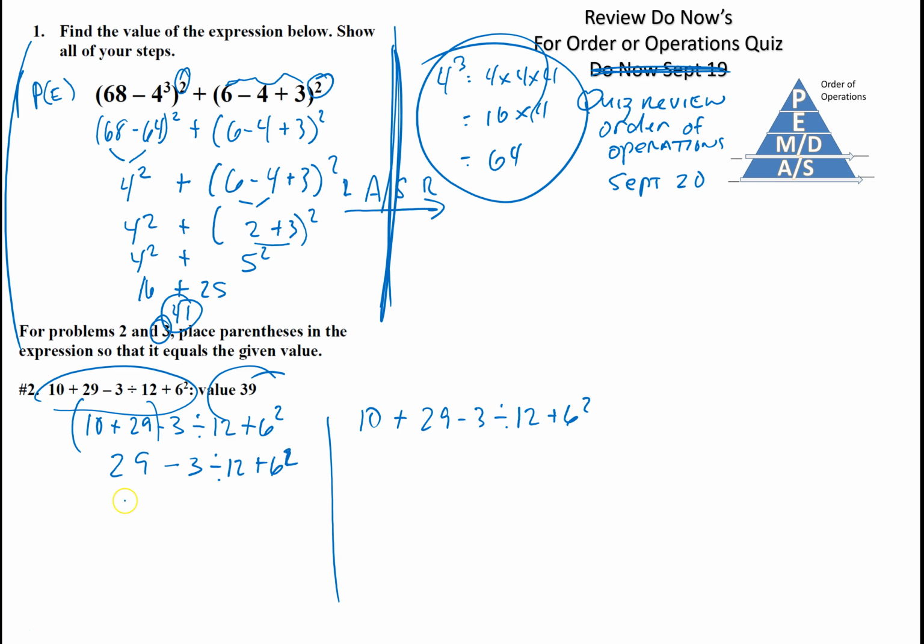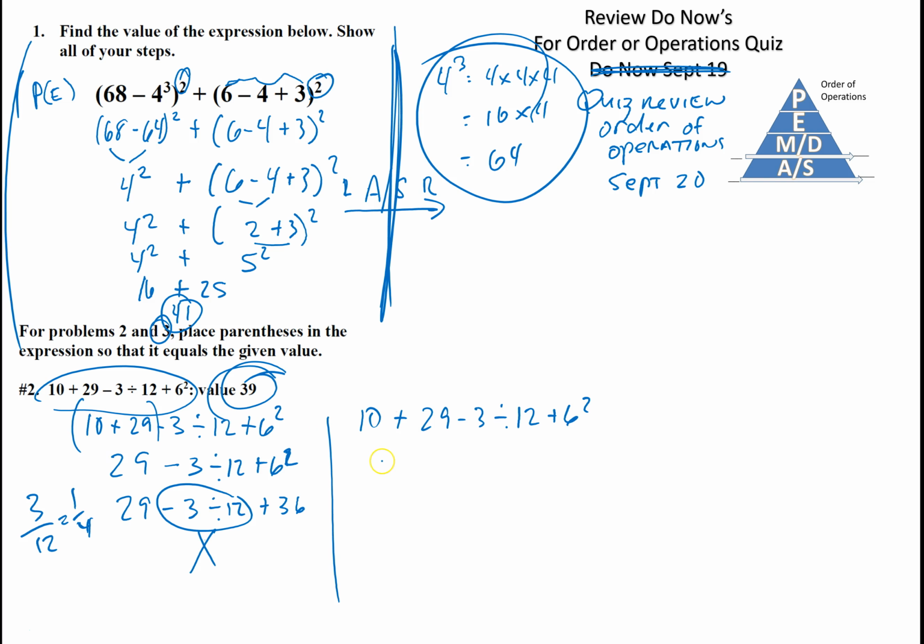I'm going to do my exponents next. 29 minus 3 divided by 12 plus 36. Now my next step is, well, I have to divide 3 divided by 12. Well, 3 divided by 12 is going to give me 1/4. There's no 1/4 in my answer, so I'm going to assume right now that this is not right.